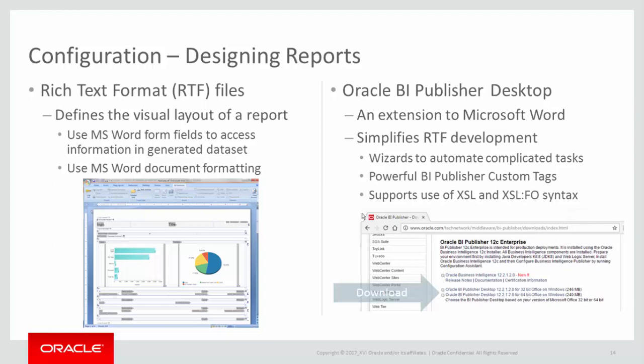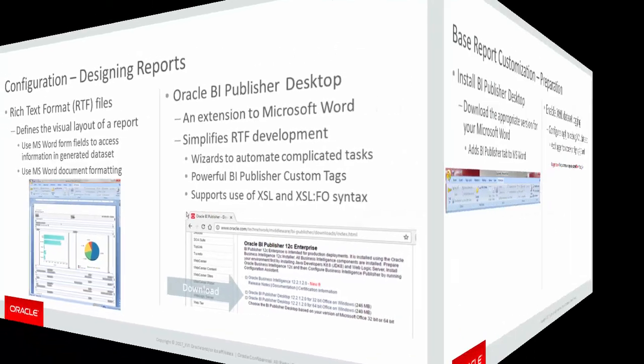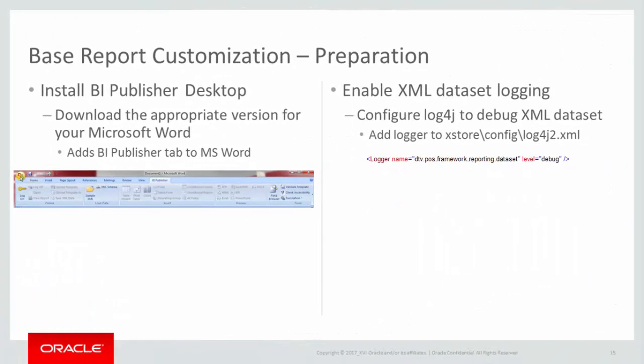Oracle BI Publisher Desktop is an extension for Microsoft Word that greatly simplifies the process of designing reports. In addition to all the basic document formatting provided by Microsoft Word, BI Publisher Desktop automates manual steps involved in report designing and provides simplified syntax for logic and formatting. The remainder of this session will be used to demonstrate how XStore's base reports can be customized.